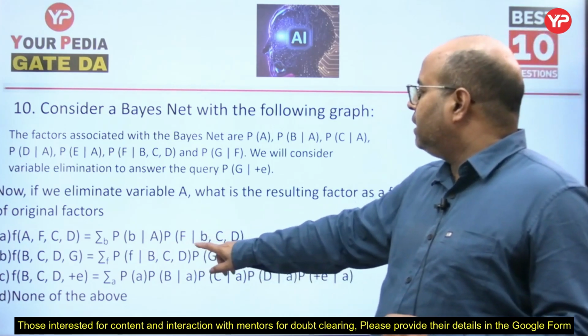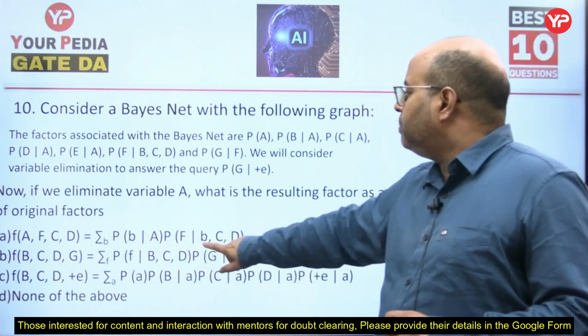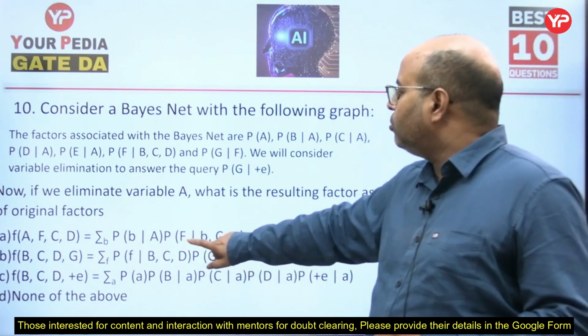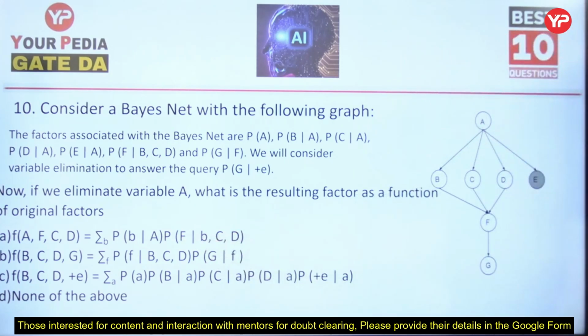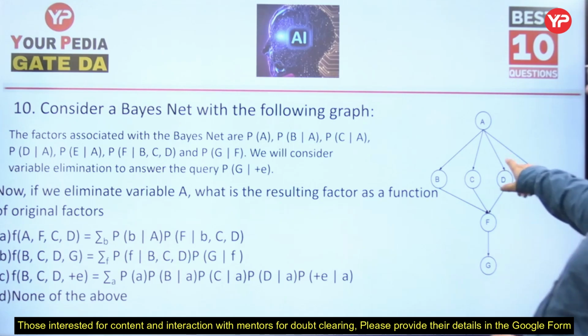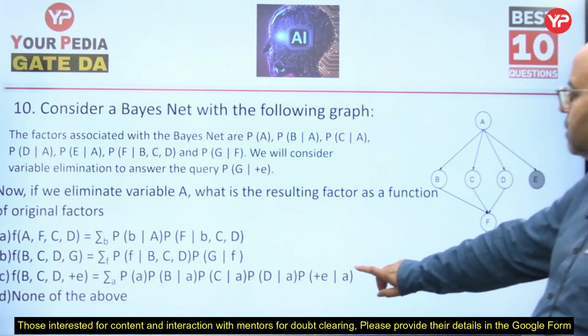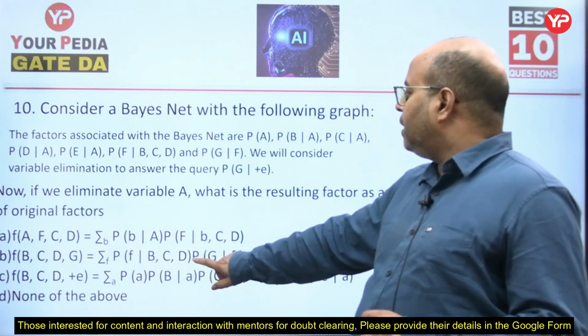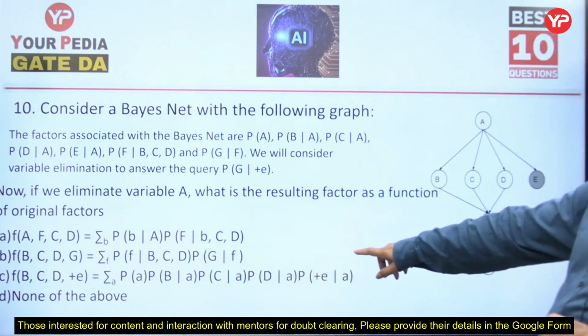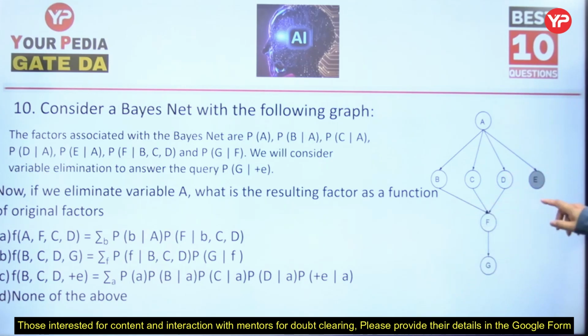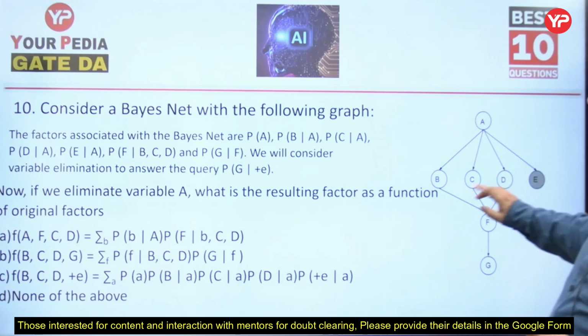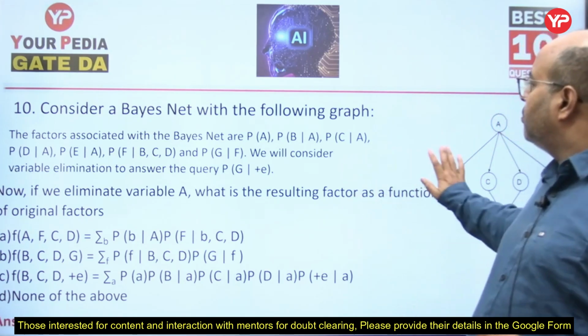P(F|B,C,D) and P(G|F), so this is the right answer actually. P(A), P(B|A), P(C|A), P(D|A), P(+e|A), because E has already been replaced by +e, and E has to be taken into consideration.